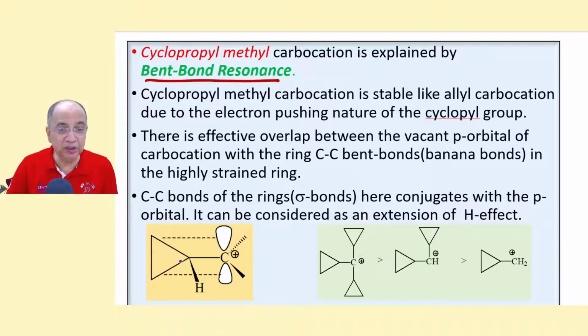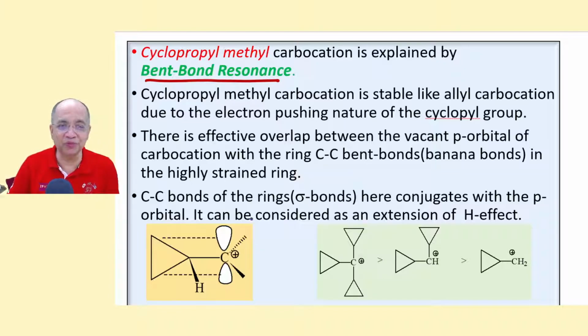Because of this, it is called bent bond, and there is an electron delocalization with a p system. Whenever there is a p system, it will be called a resonance or hyperconjugation.